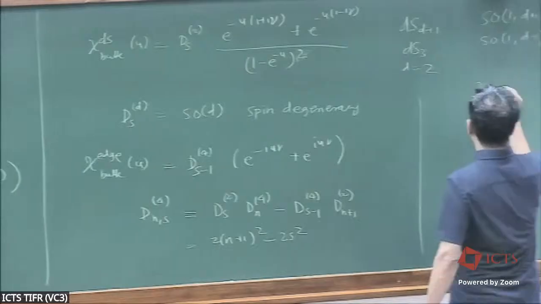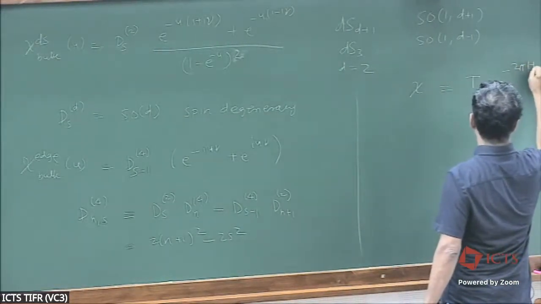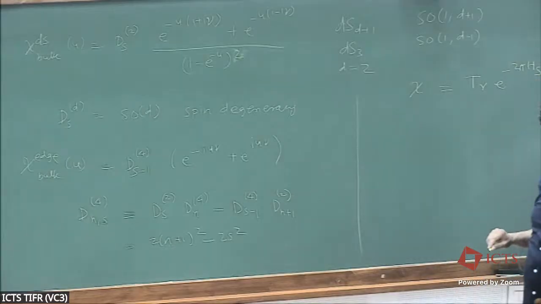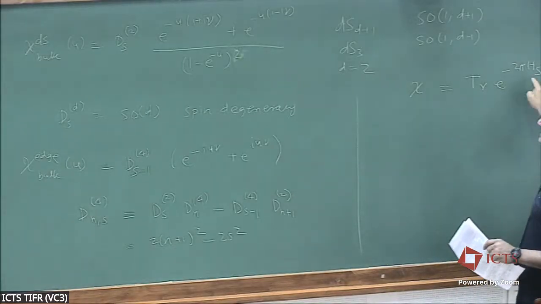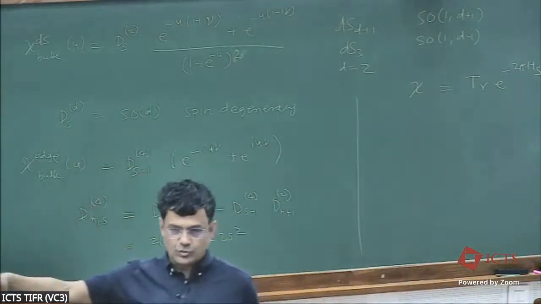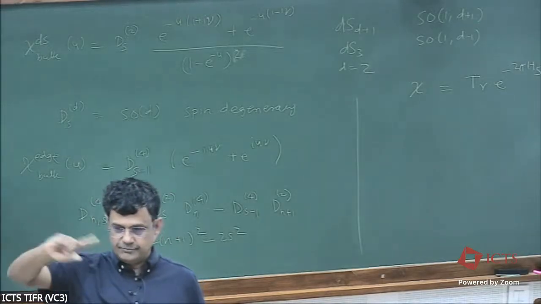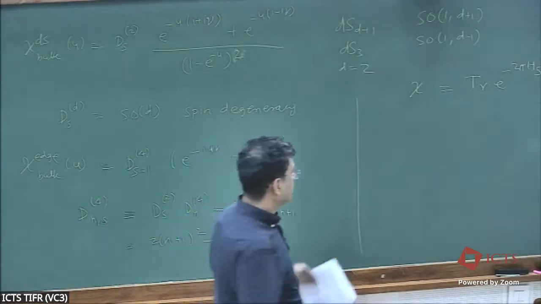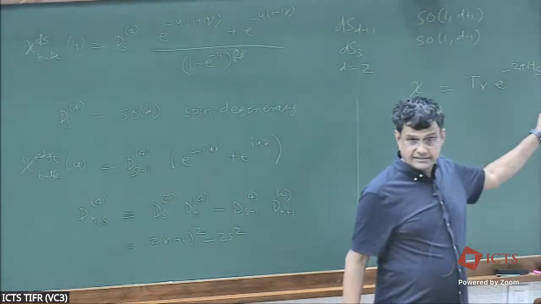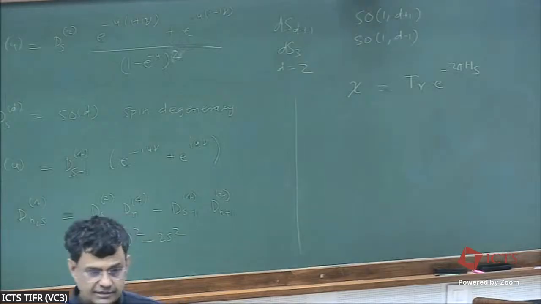No, so you have, chi is defined to be e to the minus 2 pi H static. This is just the generator of boosts. If you think of an SO(1,4), it's like a 1, 1, 3 boost, let's say. And that is a non-compact generator. And if you compute the trace, if you don't define it properly, you will get divergences.